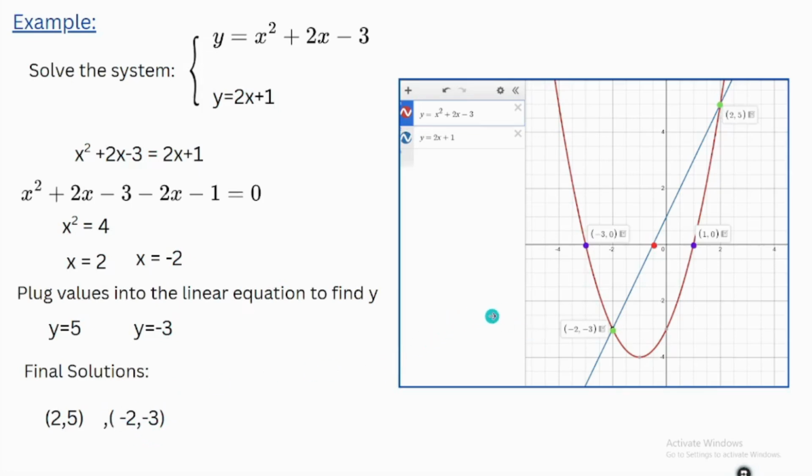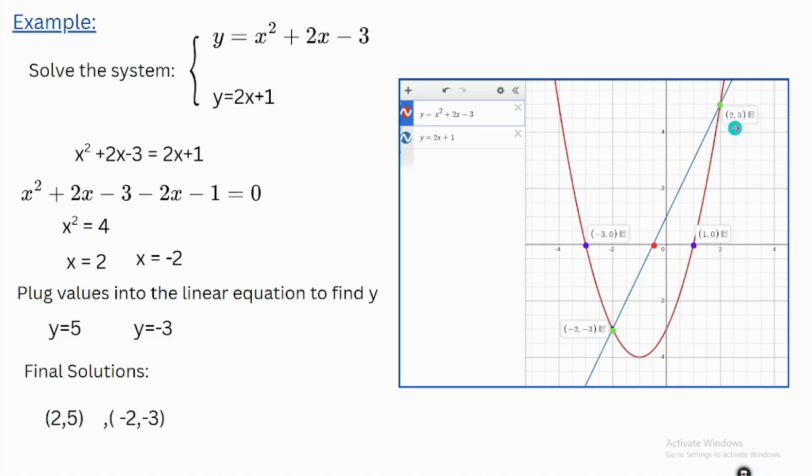Here we graph the two functions: x squared plus 2x minus 3 makes a parabola, and y equals 2x plus 1 is this straight line. Here we can see that we have two intersection points between the parabola and the straight line.